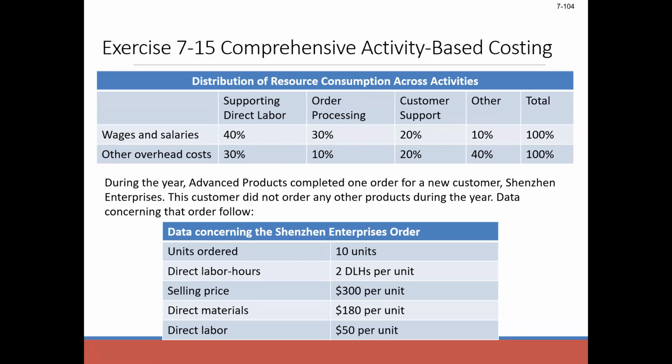And it says during the year, Advanced Products completed 1 order for a new customer, Shenzhen Enterprises. This customer did not order any other products during the year. So we've got our units ordered, 10 of them, direct labor hours, the cost per unit to sell, the direct materials per unit, and the direct labor per unit.